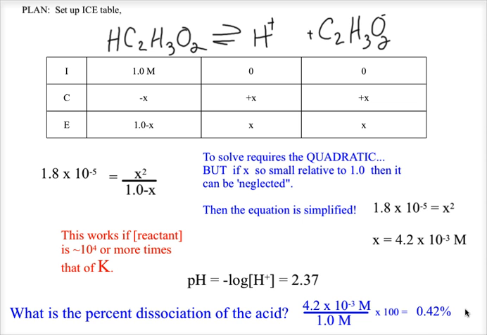So we can see that in this case, did I do my math correct? I think so. 0.24% of the acid dissociates when no ions of hydrogen or acetate ion are added to the system at equilibrium.